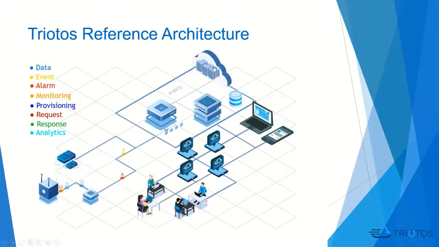Forward it to applications in the AWS cloud, forward it to databases for storage, and some of it is directed directly to application servers. These are the same type of application servers that are used for all internet and mobile applications. So there's no difference as far as the application part.